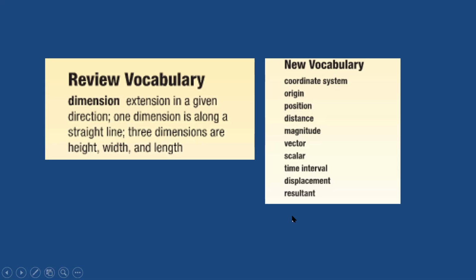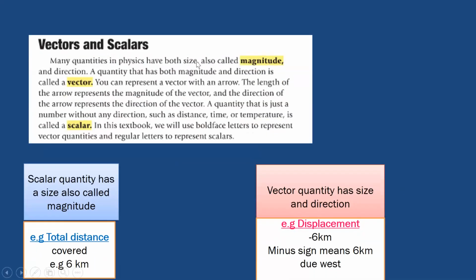And as we go, we're going to learn the meanings of these. So many quantities, we're going to write down now the title, vectors and scalars. Many quantities in physics have size, and that is called a magnitude.